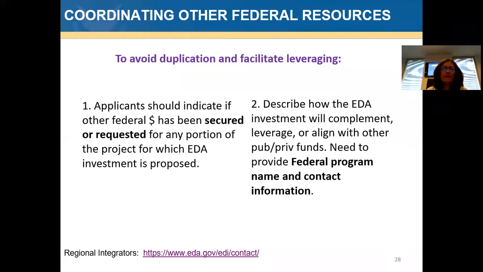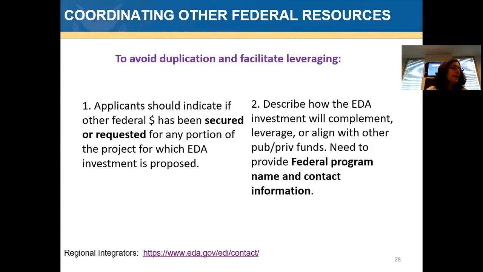So we ask applicants if they are going after other federal funds or even private funds for a piece of work that touches a piece of work they are going to us for funding.